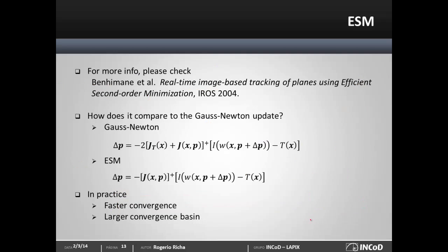Basically, the mathematical difference between the ESM update law and Gauss-Newton is that, in addition to the Jacobian of the back-warped image, I sum the Jacobian of my reference image to compute the update law. And in practice, what I get is a faster convergence and a larger convergence basin.